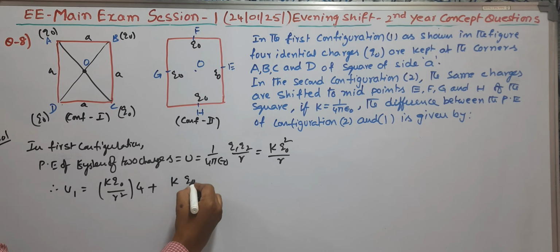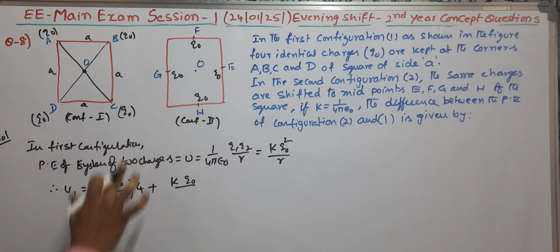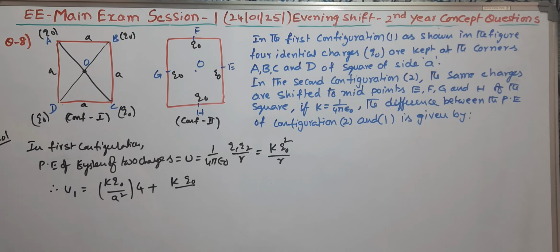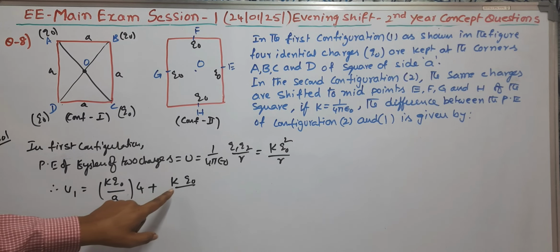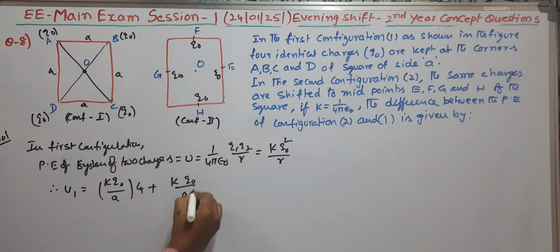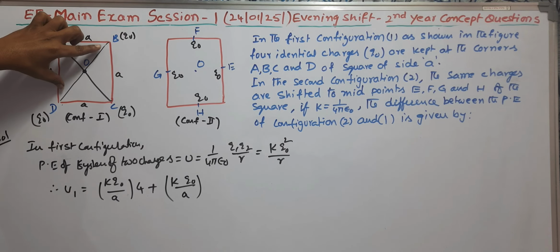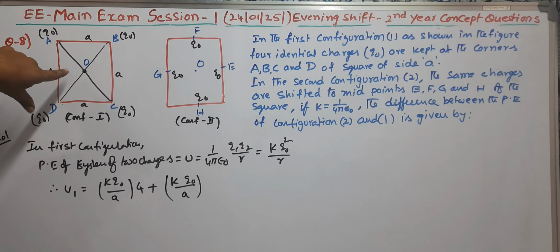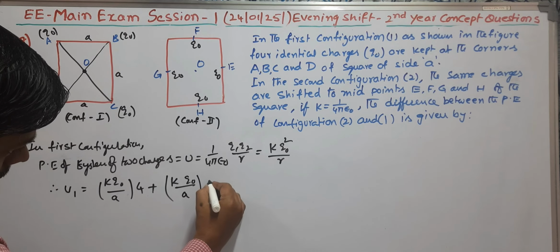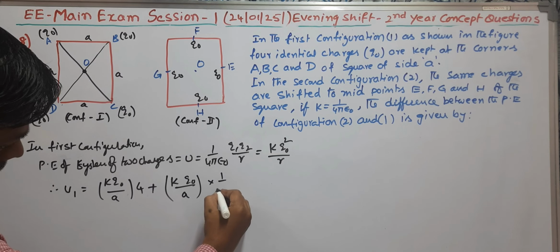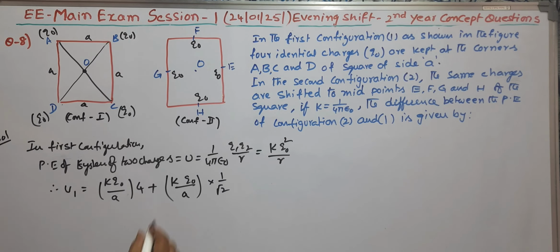So, k q naught square by A, here side is equal to A, into 4, plus k q naught square by the distance between these two, which is the diagonal of the square, root 2 into A. So, its value is 1 by root 2, and how many are there? 2 are there, so 2 into.